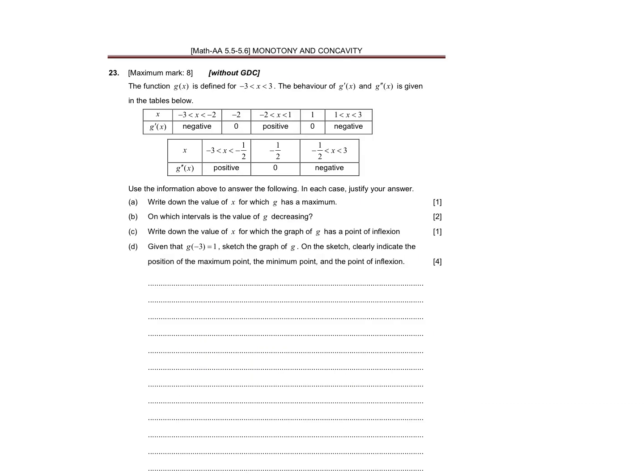All right, we've got g defined for negative 3 to 3. The behavior of g prime and g double prime is given there. Using the information above, in each case justify. So write down the value of x for which g has a maximum.